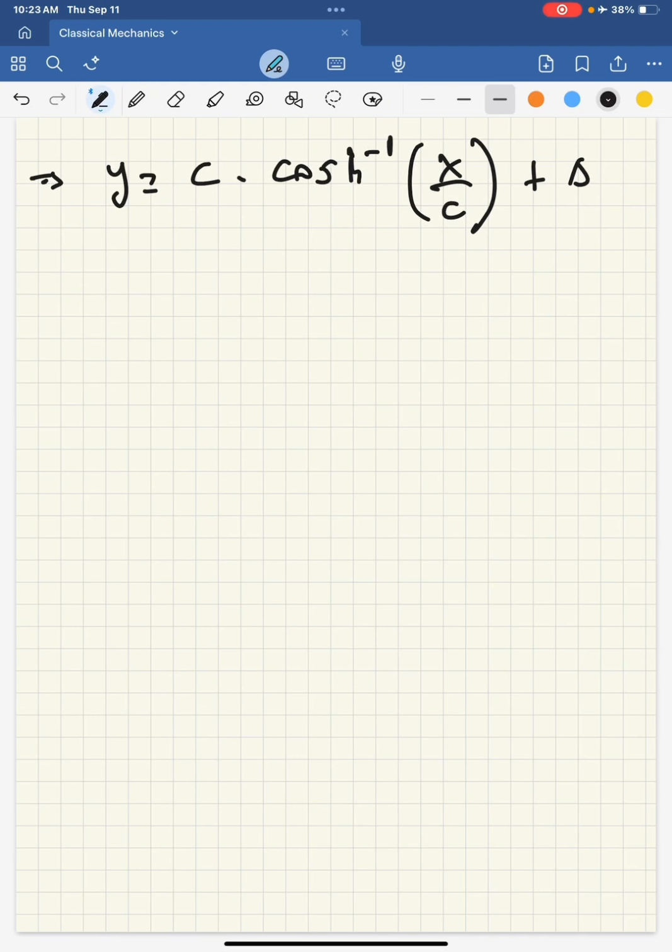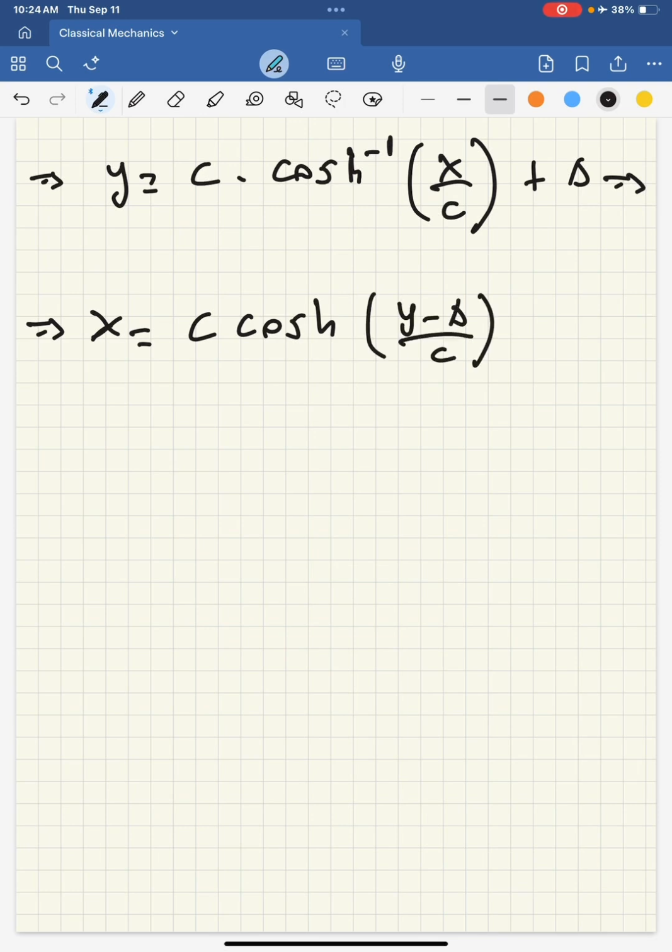And there is another way to write this function. We can write x with respect to y, and if we do that, we find x is c and then cosh of y minus b over c, and this is the equation of a catenary, okay?